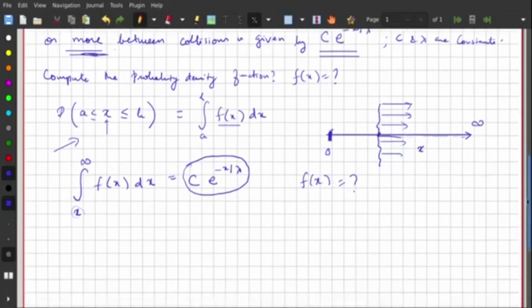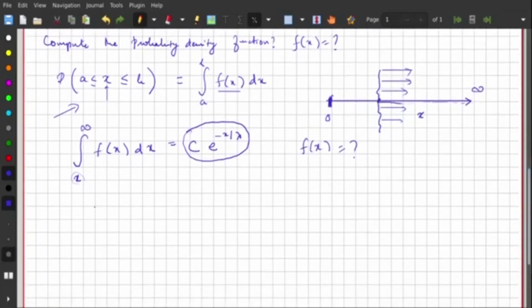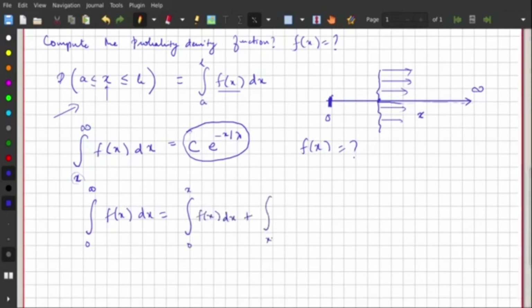So we know that the total probability is given by the integral from 0 to infinity of f(x) dx, which we can write as the integral from 0 to x of f(x) dx plus the integral from x to infinity of f(x) dx, by using the summation rule of integration.